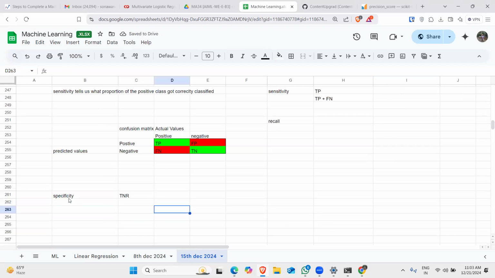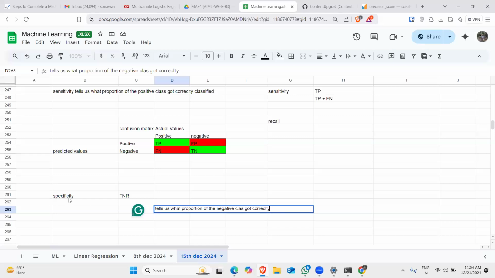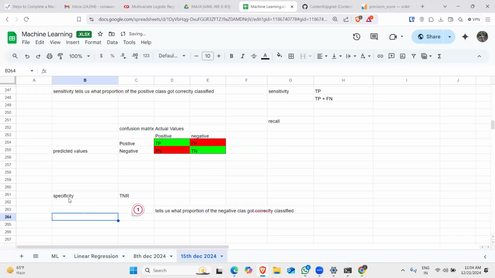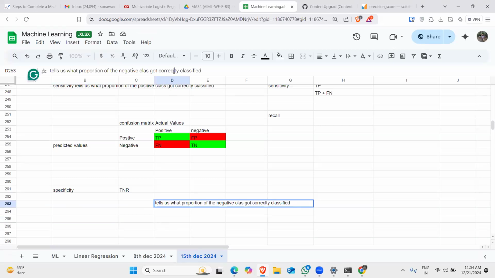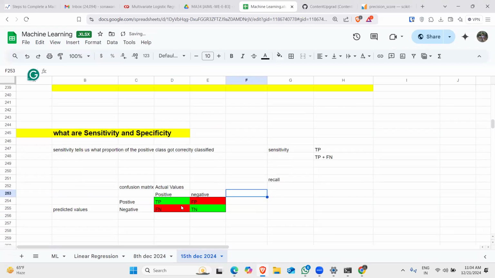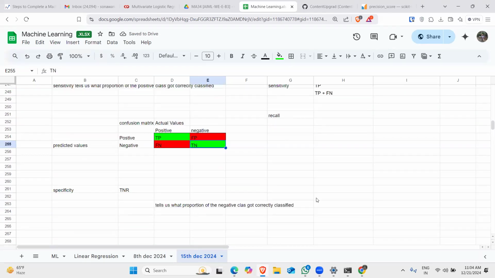The specificity tells us what proportion of the negative class got correctly classified. We have the negative class, and out of them, how many are correctly classified? So negative is false positive plus true negative, and the correctly classified is true negative divided by true negative plus false positive, right?